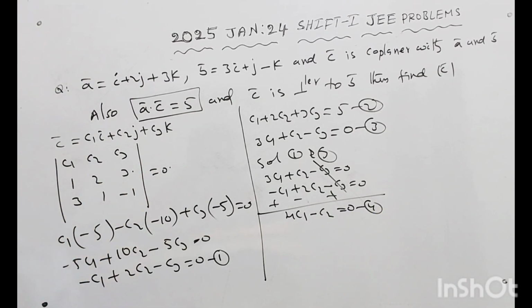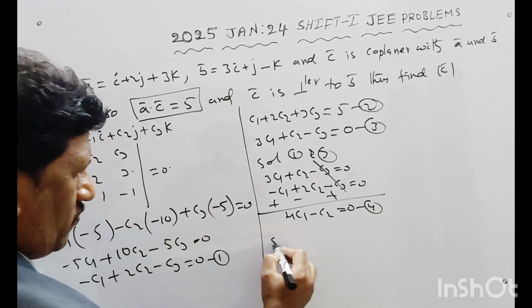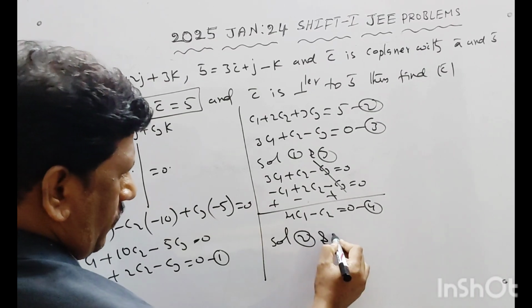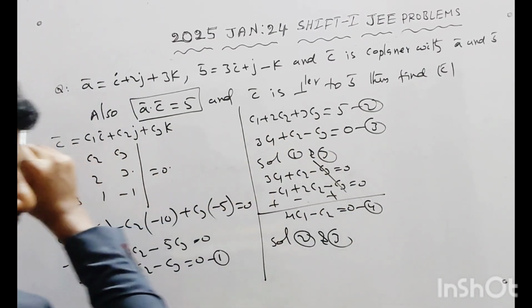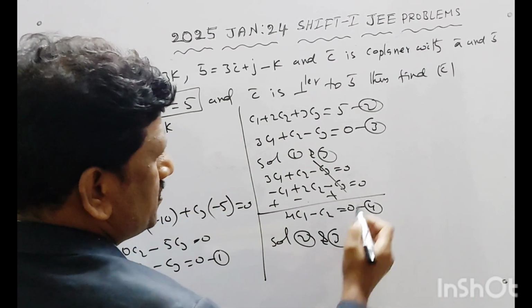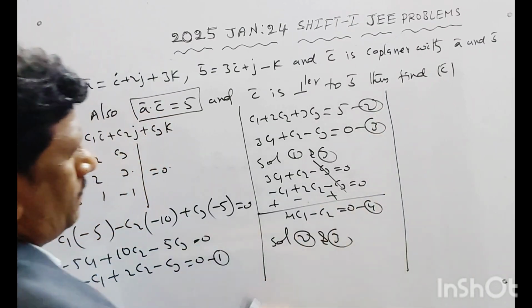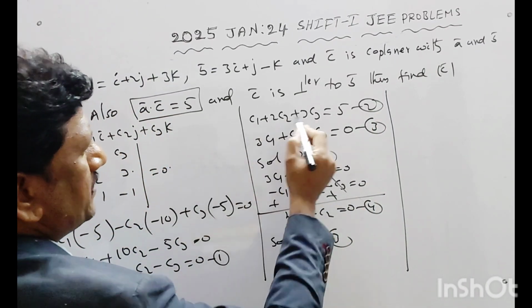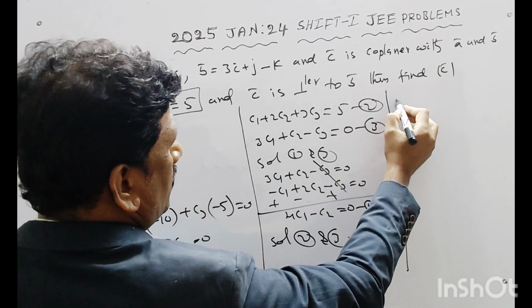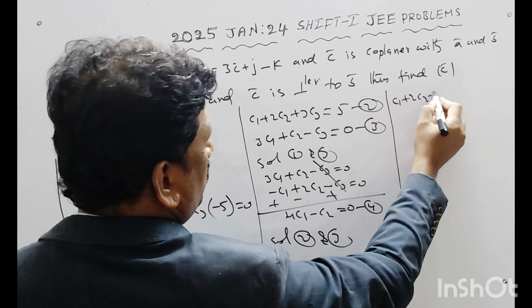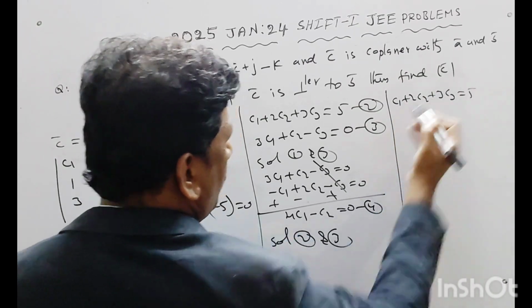And solving 2 and 3, removing the C3 value from those two equations. Write the second equation as usual: C1 plus 2C2 plus 3C3 is equal to 5.